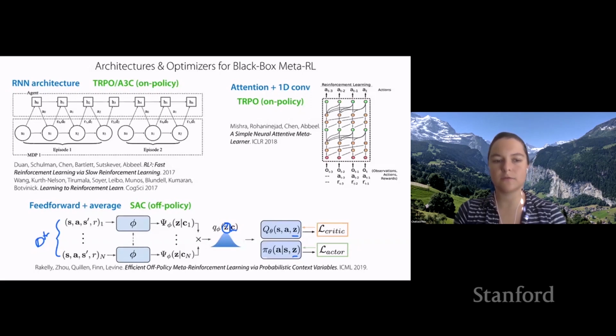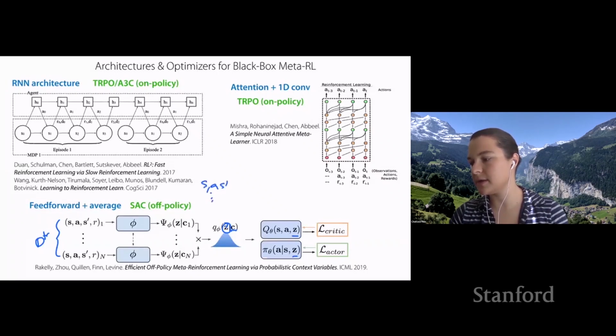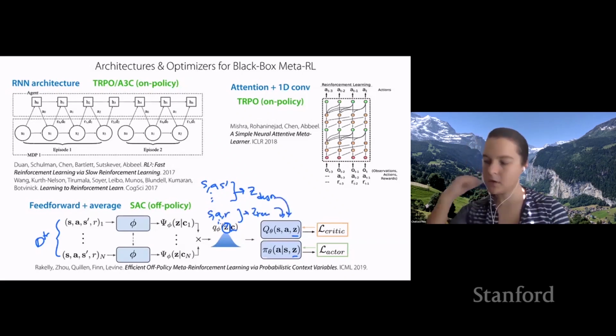Yeah, so if your MDPs are varying in different ways, then you could imagine potentially having one encoder that tries to summarize information about the dynamics, and then one that tries to summarize information about the reward, and then you could pass both of those in.